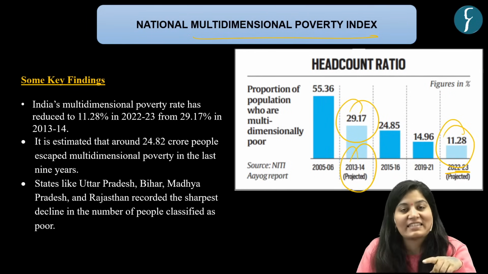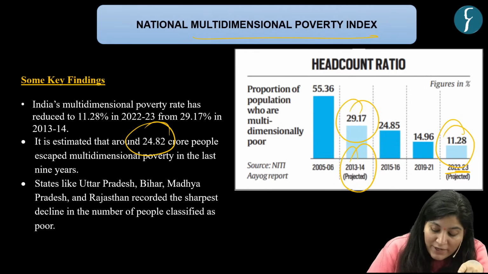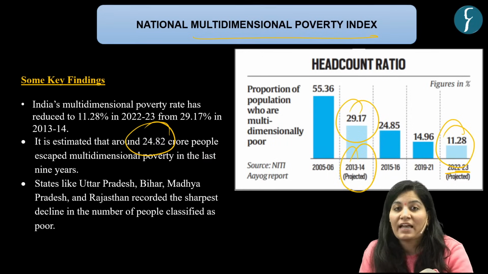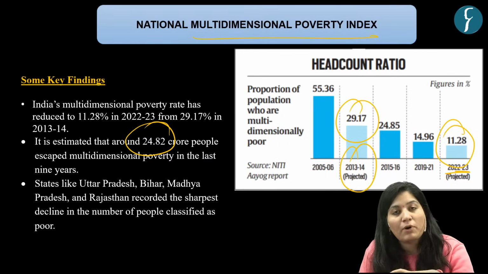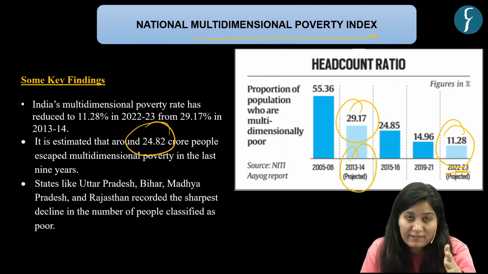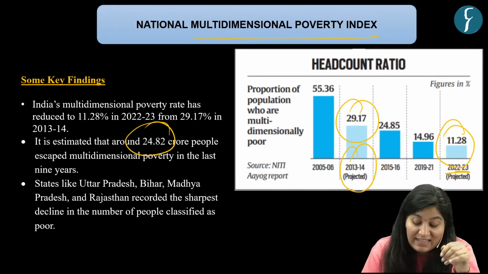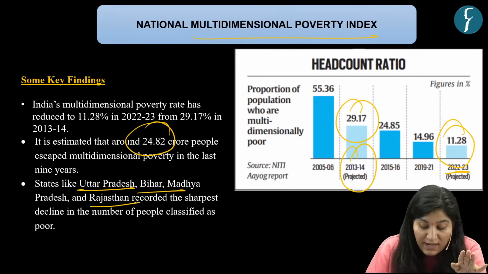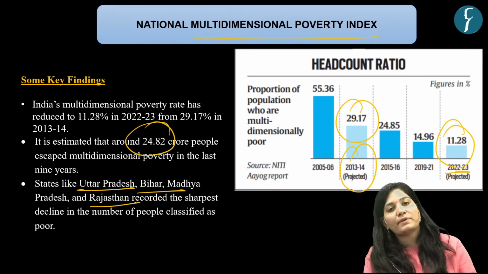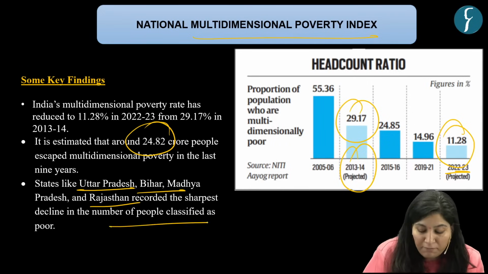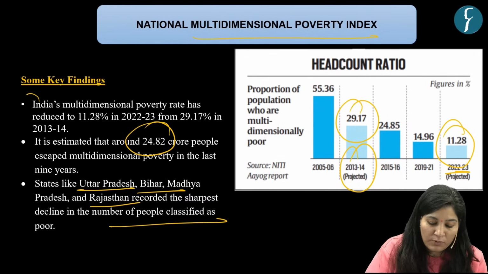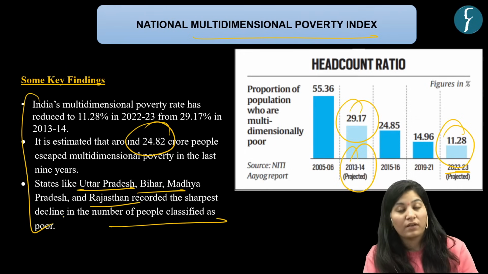So it is estimated that around 24.82 crore people escaped multidimensional poverty in the last 9 years. And states like Uttar Pradesh, Bihar, Madhya Pradesh, Rajasthan recorded the sharpest decline in the number of people classified as poor. Okay, so these are a few major findings.